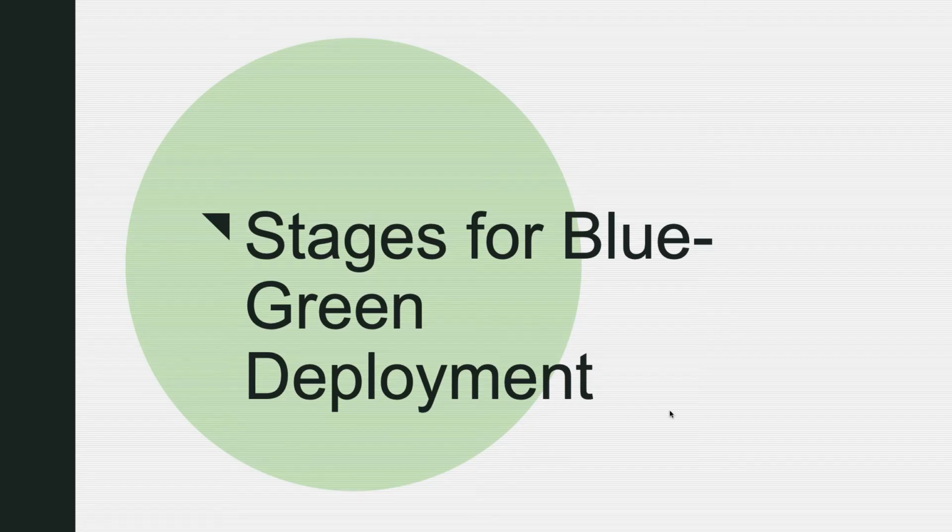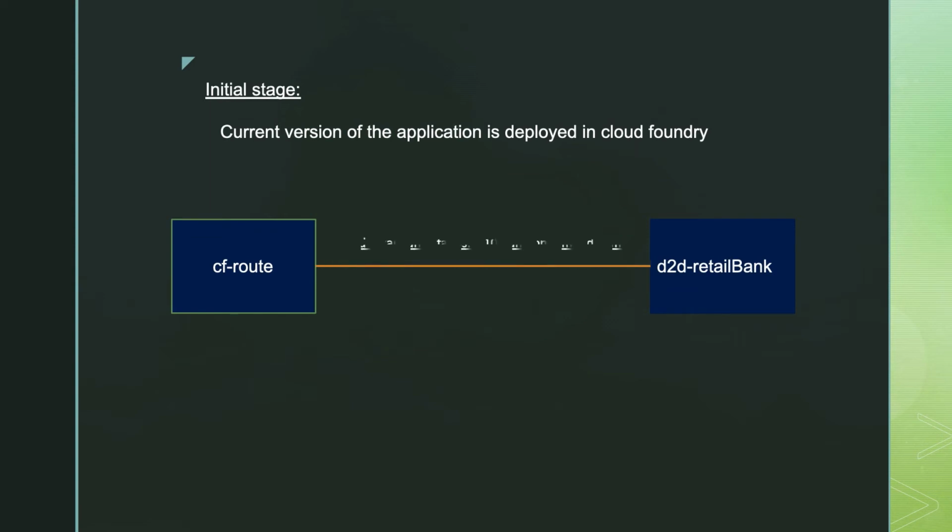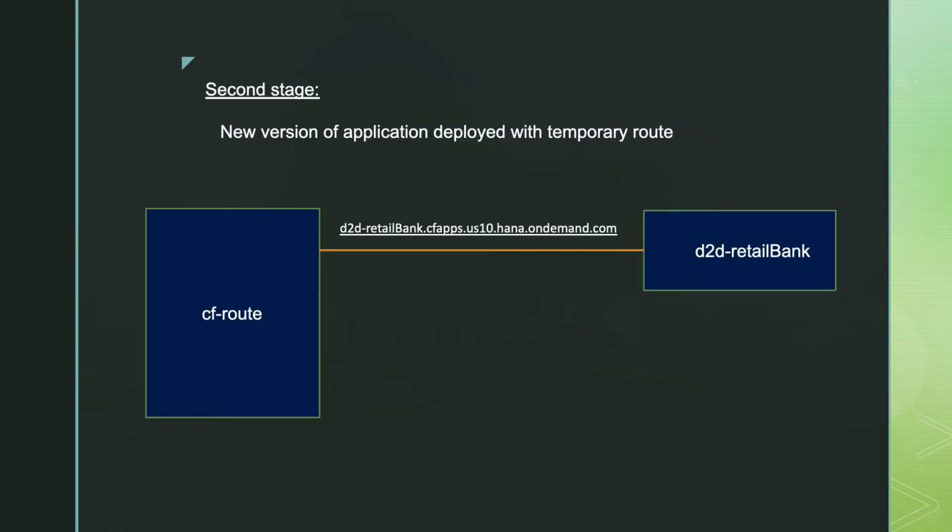Now we get back to blue-green deployment and see what the stages are. In the first or initial stage, the current version of the application is deployed in Cloud Foundry. Here we have D2D retail bank deployed, and it has a route, d2d-retail-bank.cfapps.us10.hana.ondemand.com.